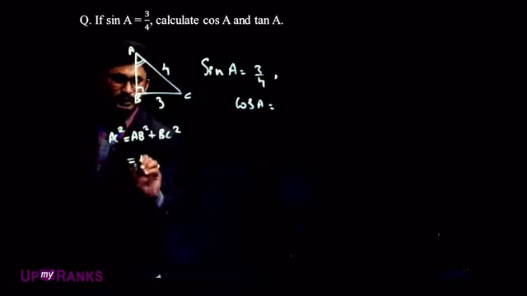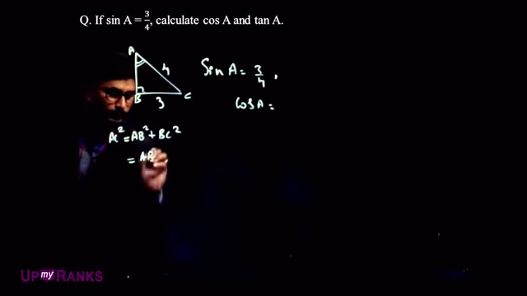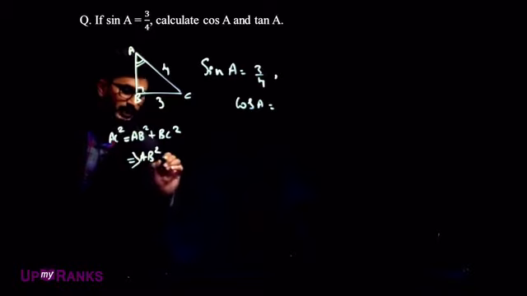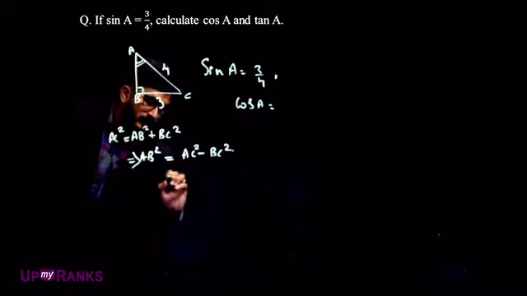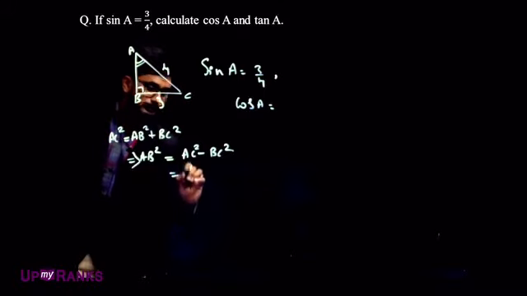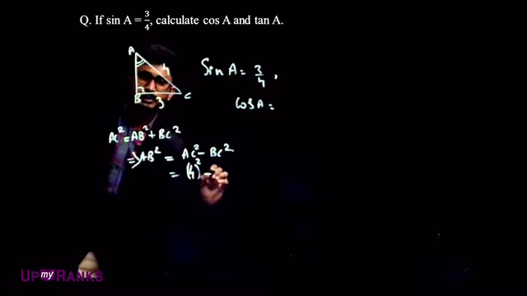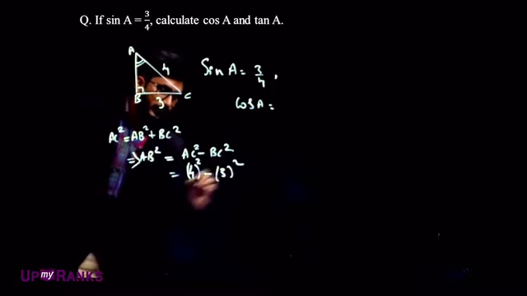AB square I don't know, therefore AB square is equal to AC square minus BC square, which is 4 square minus 3 square.